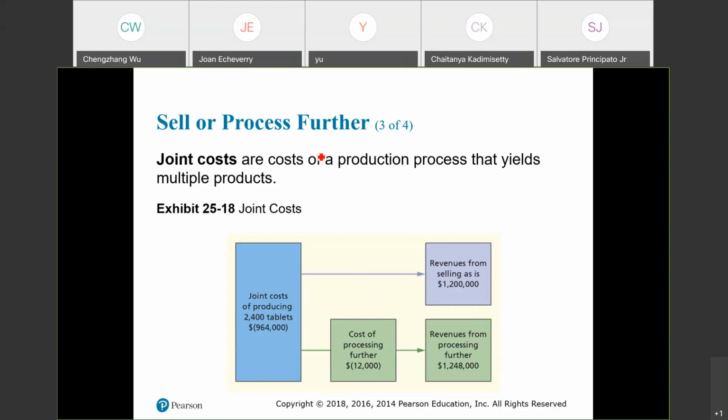Remember, the joint costs are sunk costs. Recall from a previous discussion that a sunk cost is a past cost that cannot be changed, regardless of what future action the company takes. Smart Touch Learning has incurred the joint cost regardless of whether it sells the tablets or adds the USB feature. So the joint costs are not relevant to the decision.